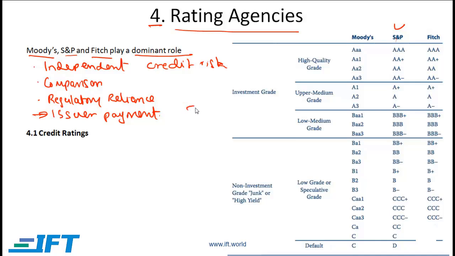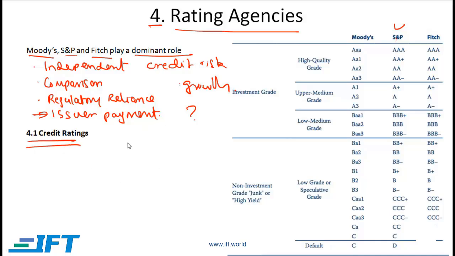And that might seem problematic, but the other alternatives, such as investor paying for the credit rating, have even more issues. And there is empirical evidence that suggests that issuer payment has not biased the ratings that have been given by these agencies. Another important factor has been the huge growth of the bond market.